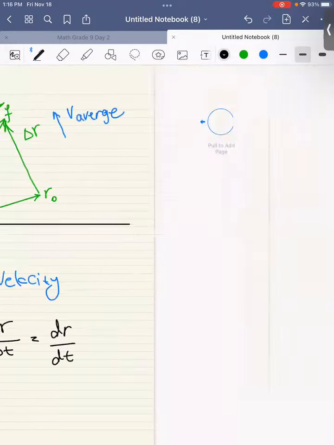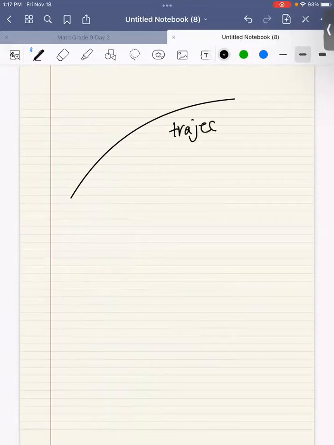In general, just to recall, whenever you have a vector like velocity, imagine the trajectory of a particle that moves in two dimensions, and it goes like this. This is the trajectory of motion.